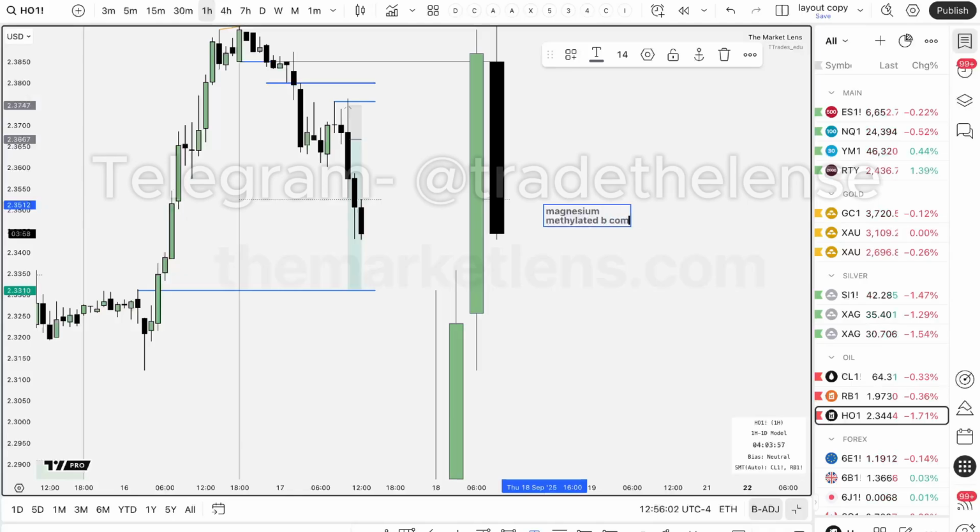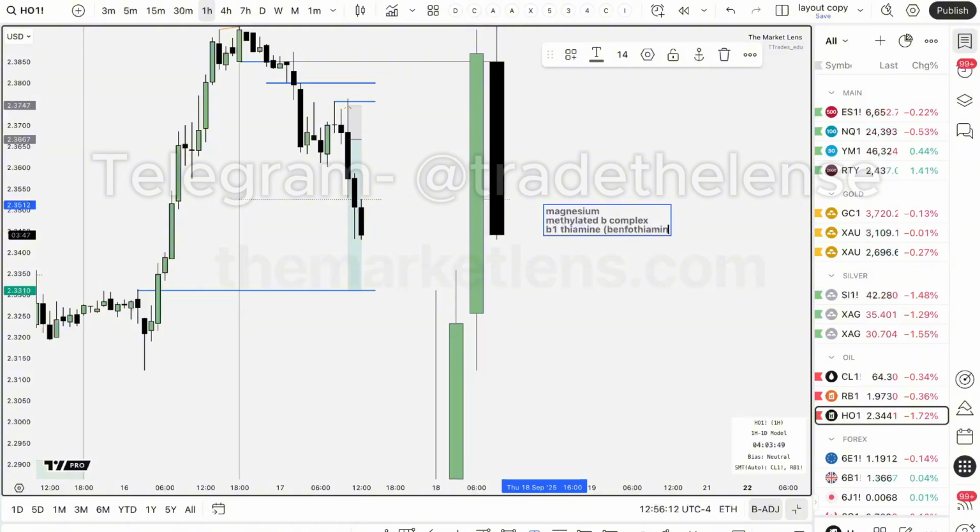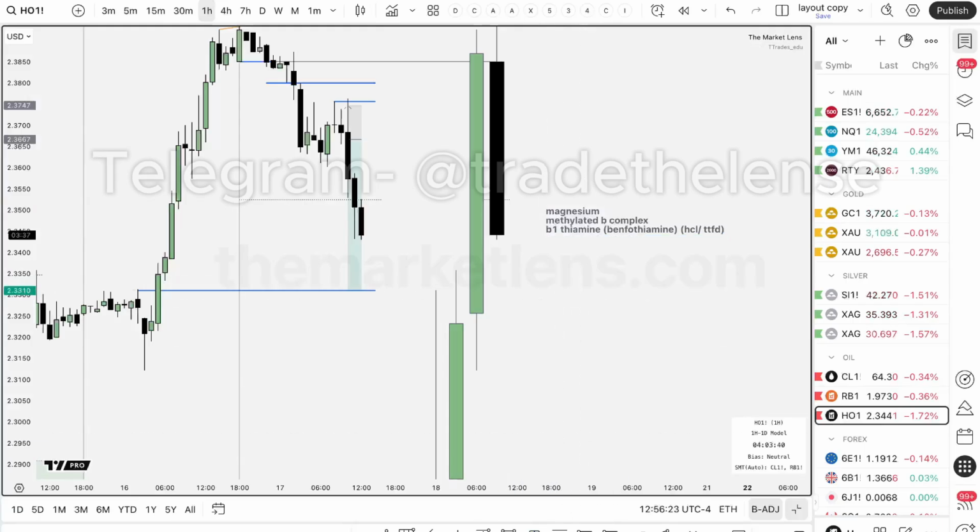If you want more energy, you can also look into B1 thiamine, which I think benfotiamine is the best form of. You can also get the HCl, it's cheaper, or the TTFD. Those are the main ones I would say for most.